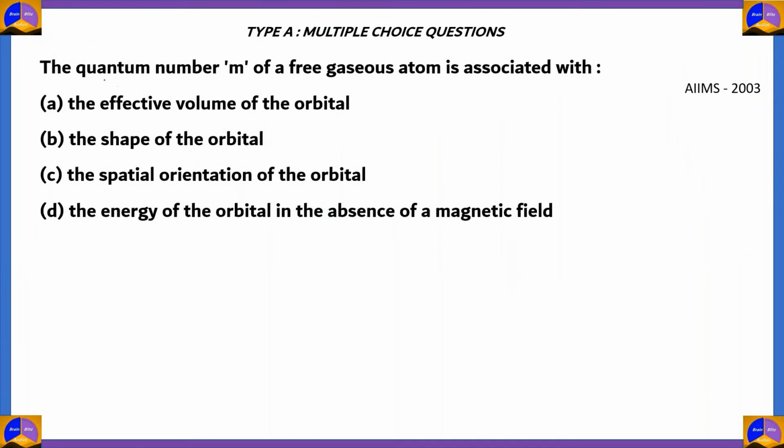Next question. The quantum number m of a free gaseous atom is associated with A, effective volume of the orbital, B, the shape of the orbital, C, the spatial orientation of the orbital, D, the energy of the orbital in the absence of a magnetic field. So quantum number m would represent the magnetic quantum number.